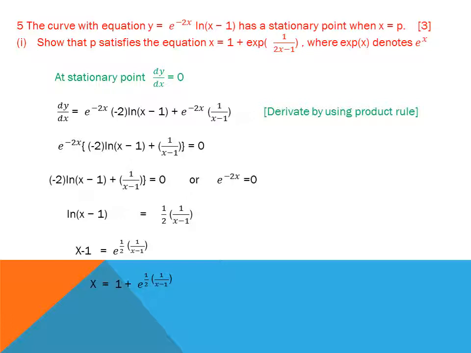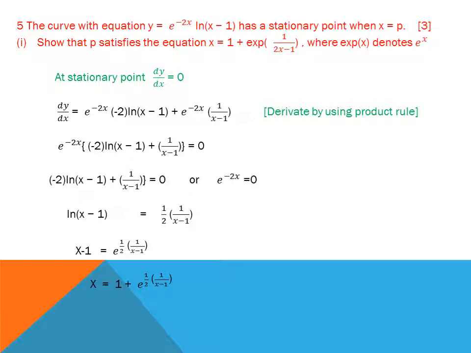First I differentiate the equation for dy over dx. I use the product rule here. Product rule means the derivative of e power minus 2x, and write ln of x minus 1 as it is, then place a positive sign, write the function e power minus 2x as it is, and differentiate ln of x minus 1.